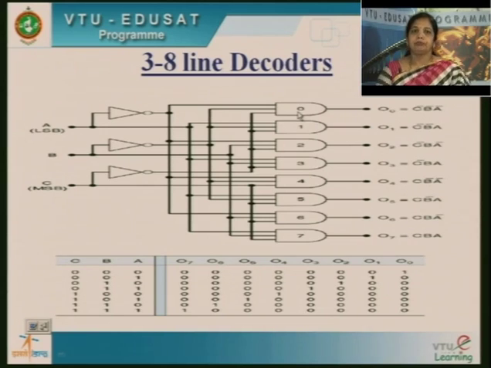So you will be having my output as logic 1, that is nothing but A complement, B complement, C complement. Similarly, we have all 8 combinations over here. Based on the input we are giving, that particular line or particular gate will be high or enabled, and we will get the output. So this is the 3 to 8 line decoder circuit diagram.